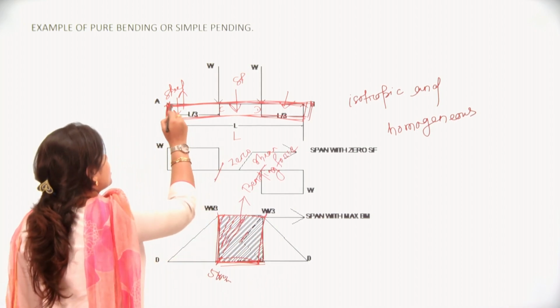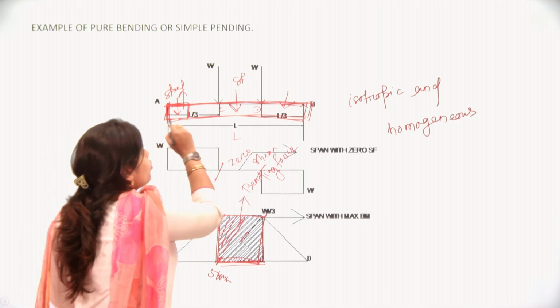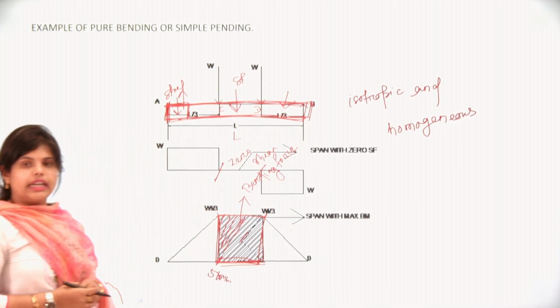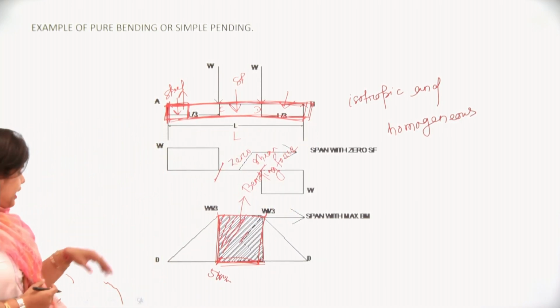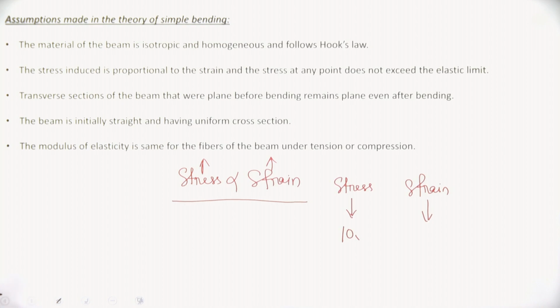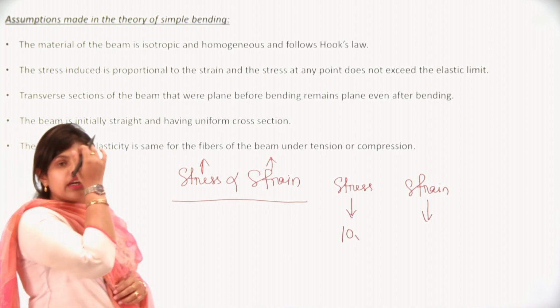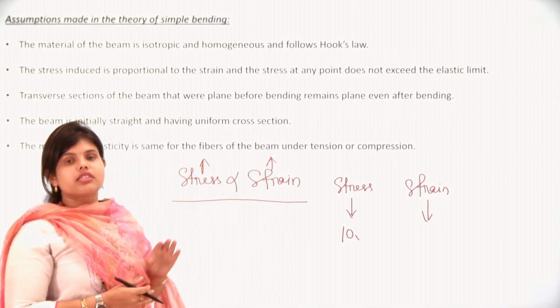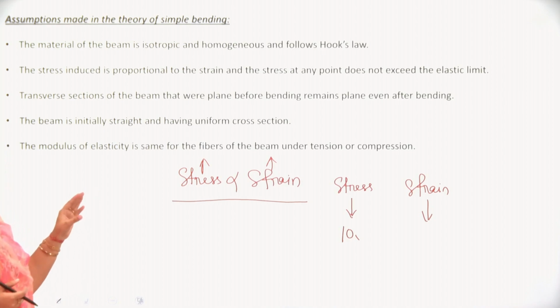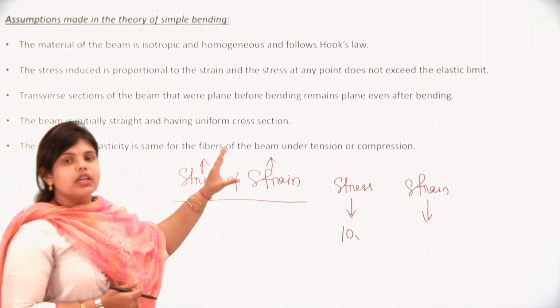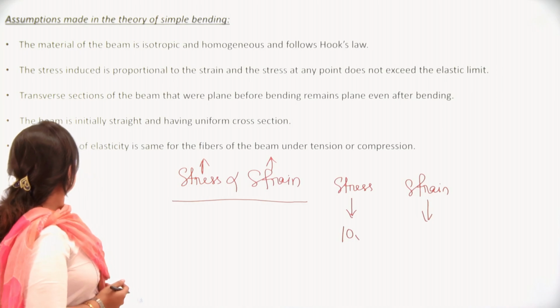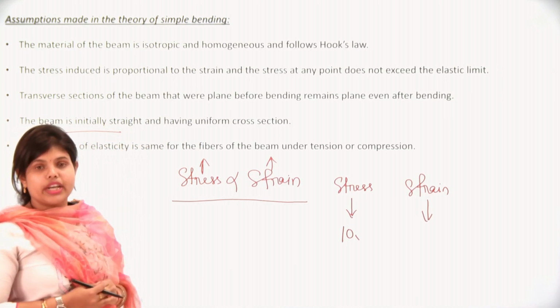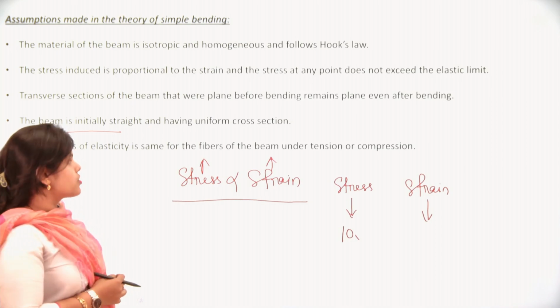If this part of the beam is rectangle, the whole beam will be rectangle. If the beam is circular, the whole beam will be circular, and if square, the whole beam will be square. That follows the assumption that the beam is initially straight with uniform cross sections.